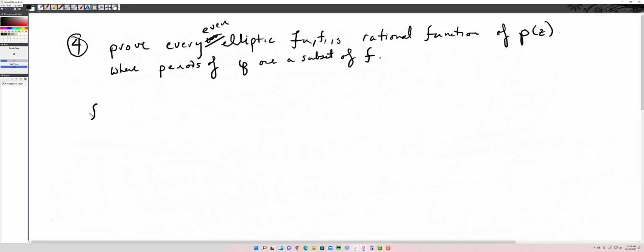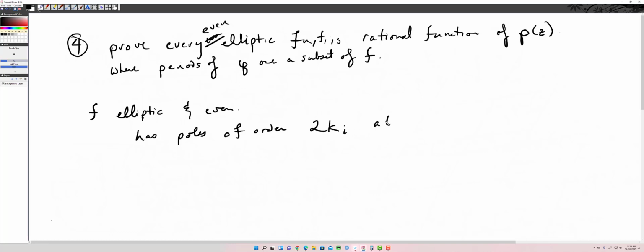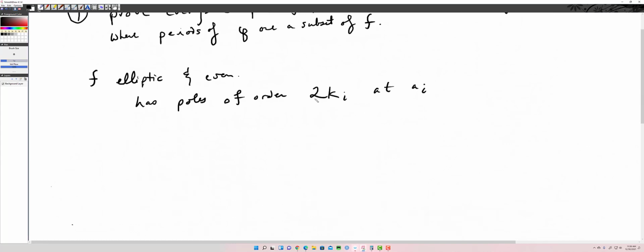So again, let's just look at f, elliptic and even, and let's say that it has poles of order 2k_i at a_i, where these are sets relating to each other.